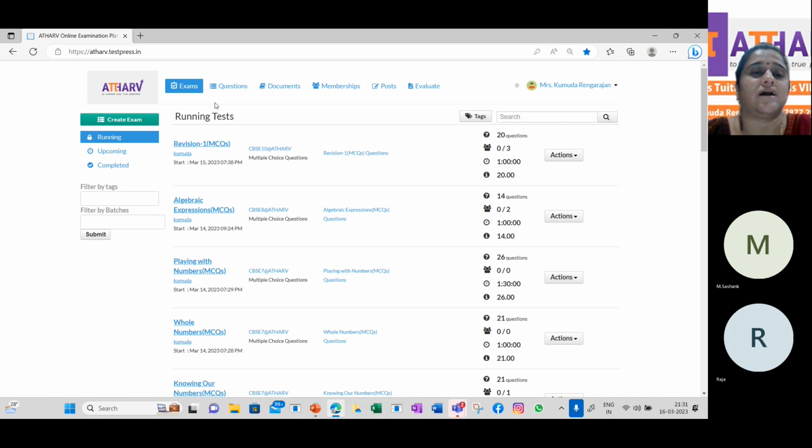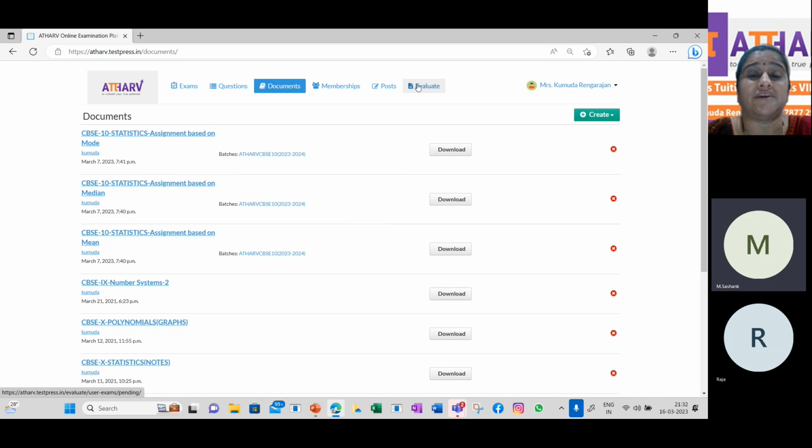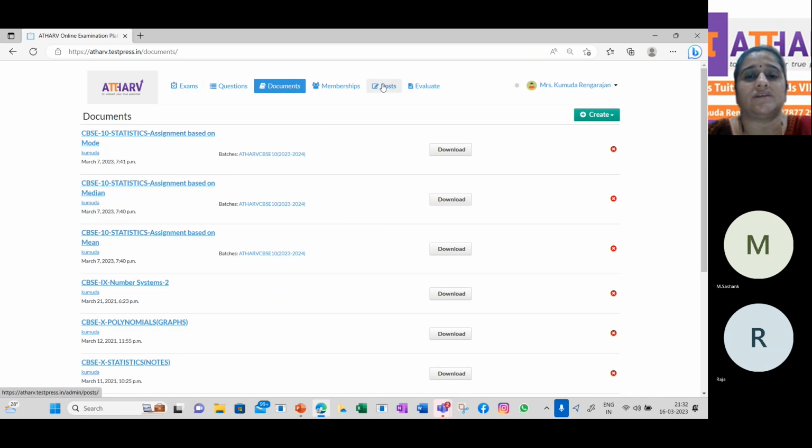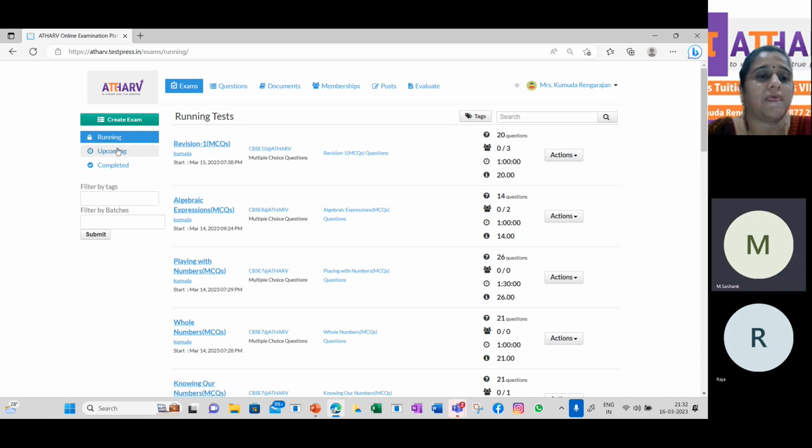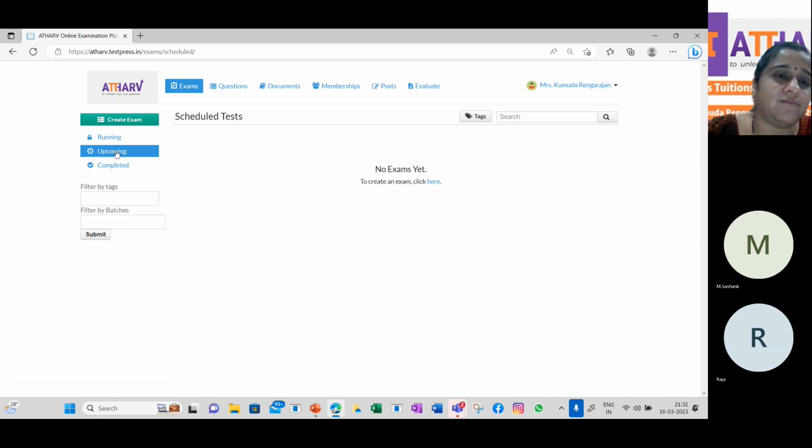Yes, ma'am. Now you will not have all these tabs. You will have only the exams tab, documents, and analytics. In exams, you will have 3 sub tabs: running, upcoming, and completed. Running means exams that are running now, which you can take up. Upcoming is the exam yet to come.